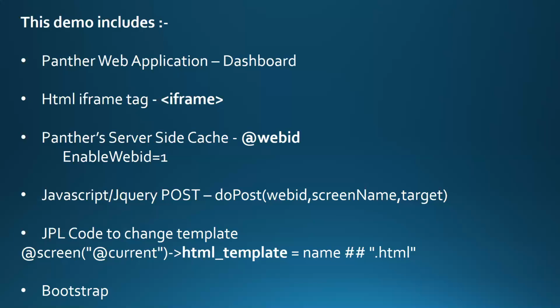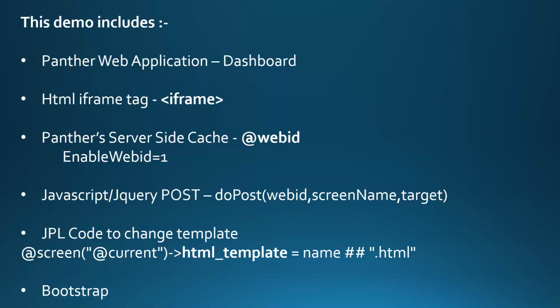Here I have a simple do post method which just posts one screen by sending that web ID. Here I have the screen name and the target. The screen name is nothing but the screen to open, and the target in this case is iframe.